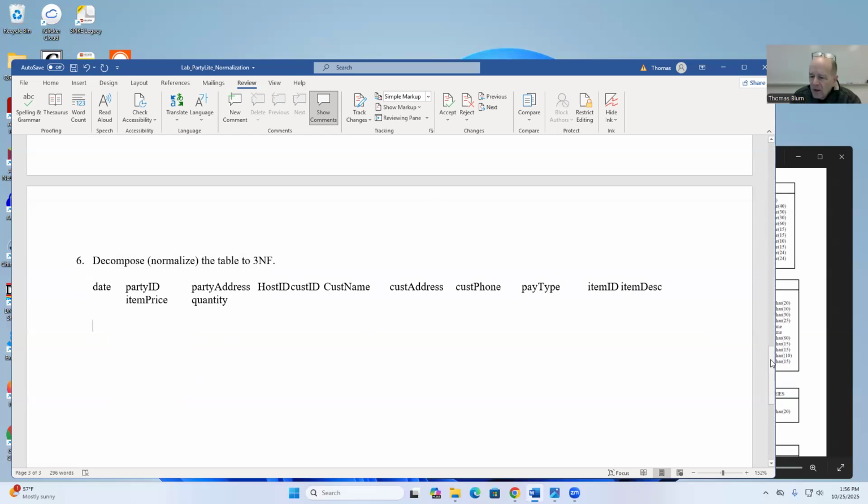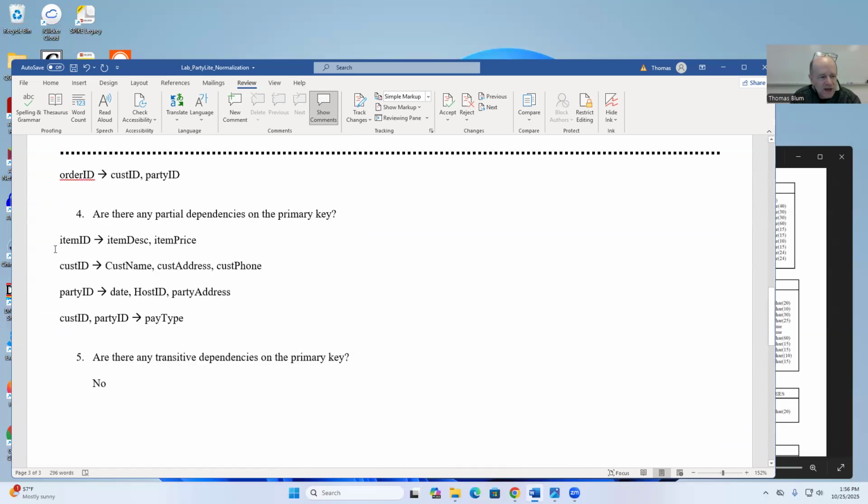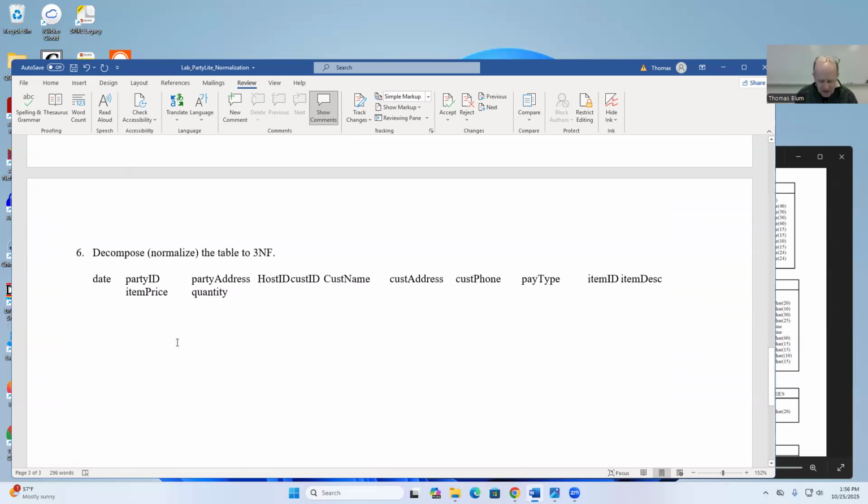Now, I am looking, at second normal form, to pull out an item, or you might also call it a product. I'll call it an item to be consistent with the nomenclature here. And we expect that to have an item ID, an item description, an item price.